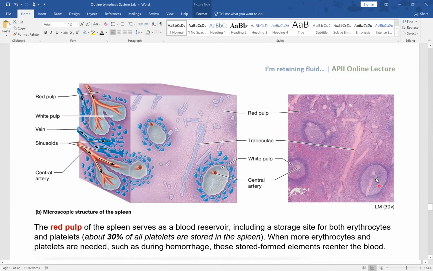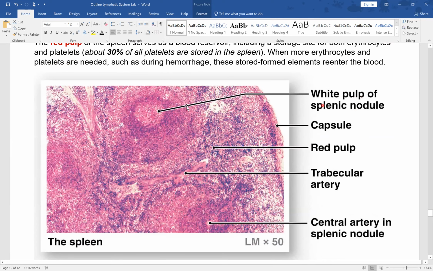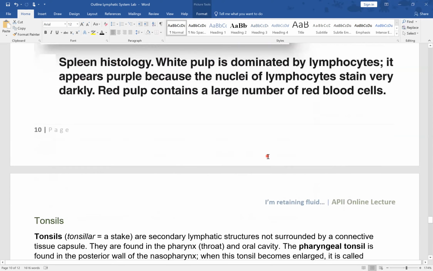And you have white blood cells here, of course. The red pulp as well has some what are called wandering and fixed macrophages, these big Pac-Man cells. So the spleen filters blood. So it's this white pulp of a nodule. Here's red pulp here, but the lighter area is called white pulp.